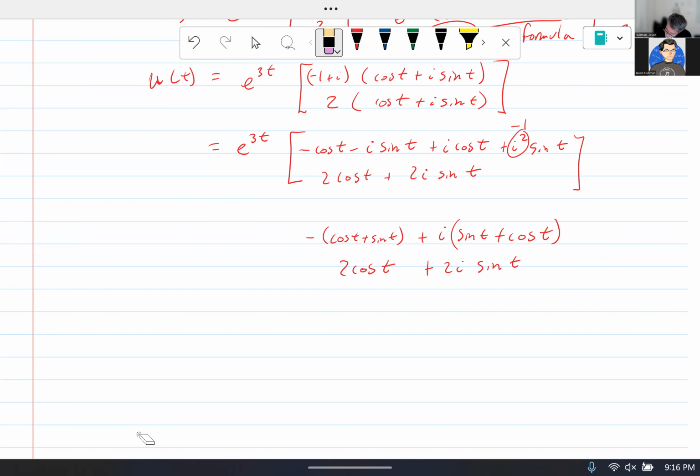I'm going to rewrite this as i times 2 sine t, and you'll understand in a minute why I did that. And this is times e to the 3t.